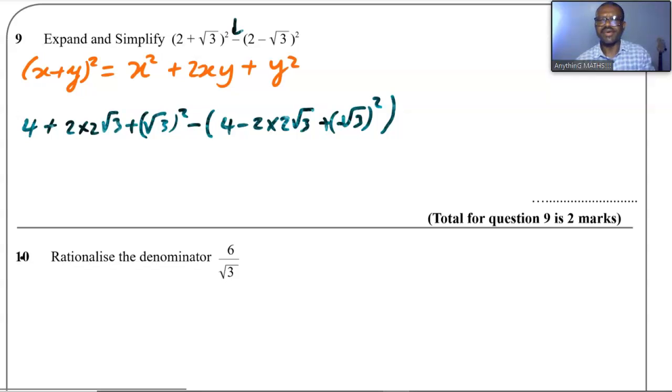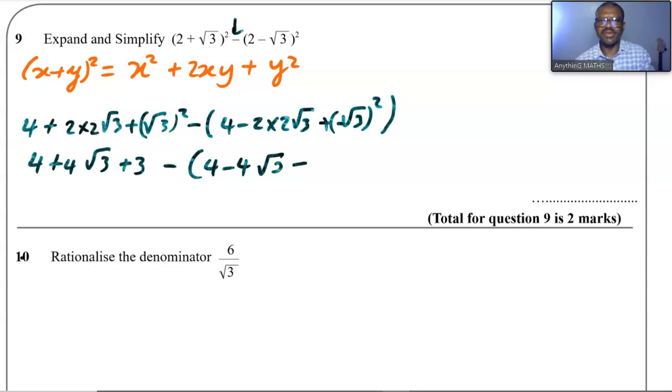We want to simplify. We're going to have 4 plus 4 root 3 plus 3 into bracket 4 minus 4 root 3 plus 3, and 7 plus root 3 minus 7 minus 4 root 3.